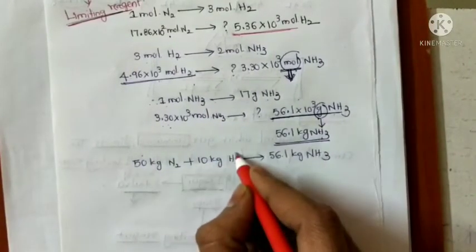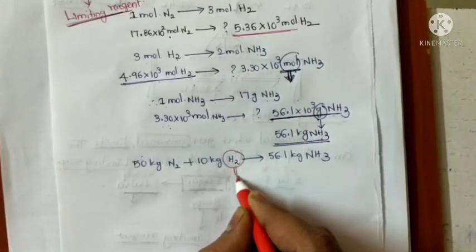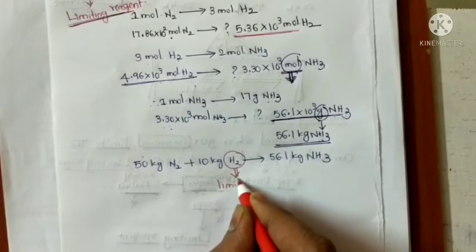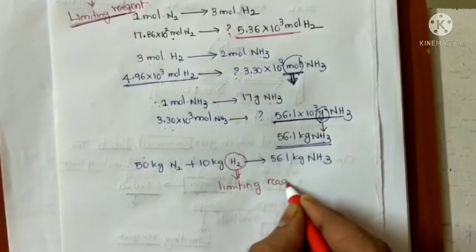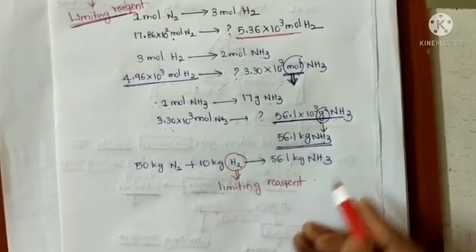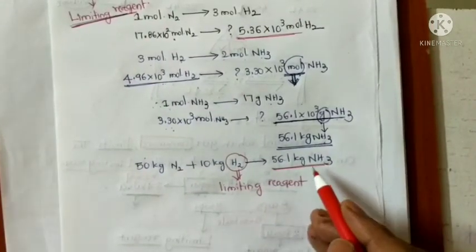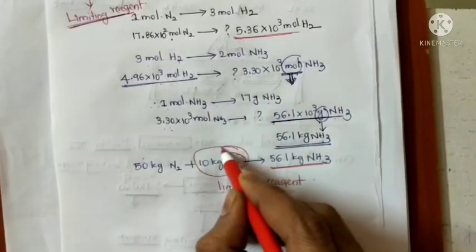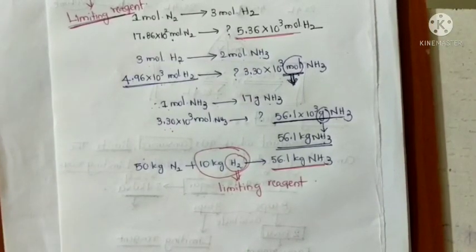And the limiting reagent, hydrogen, is the limiting reagent. The amount of product formed depends upon the limiting reagent. So this is the information about the limiting reagent.